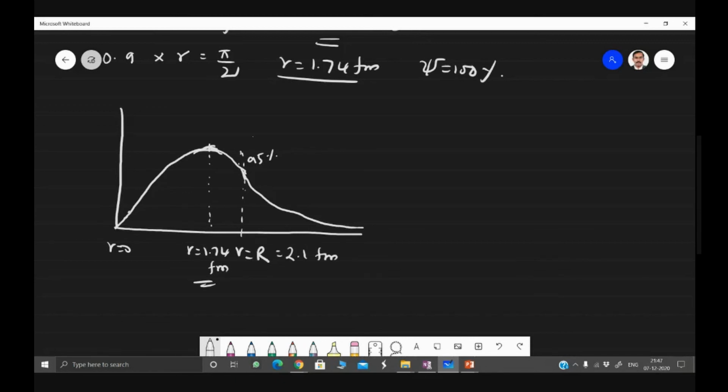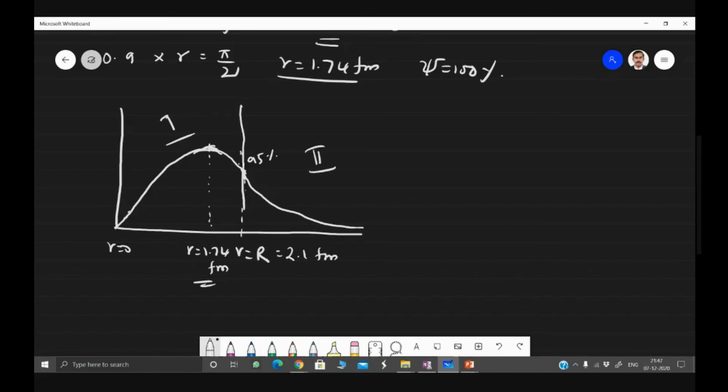So this is region 1 and this is region 2, and in region 1 we have the maximum probability for the diatron to exist at a distance of around 1.74 Fermi. This is the nature of the wave function.